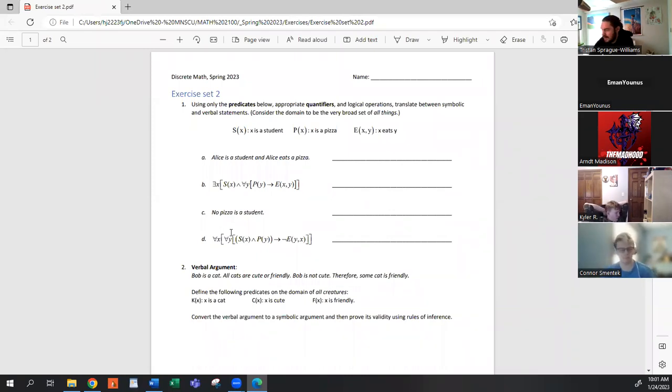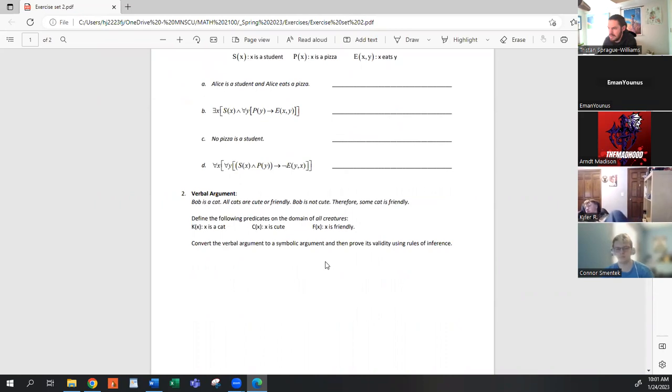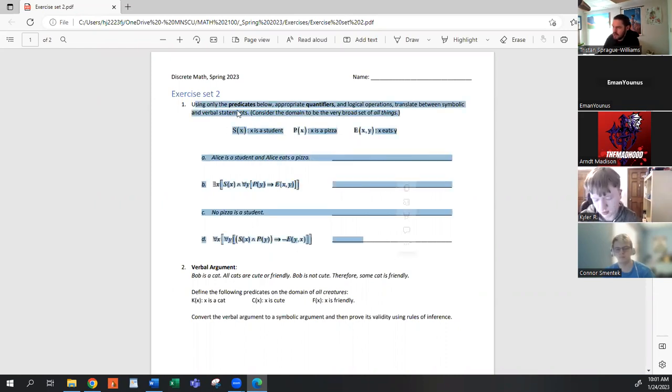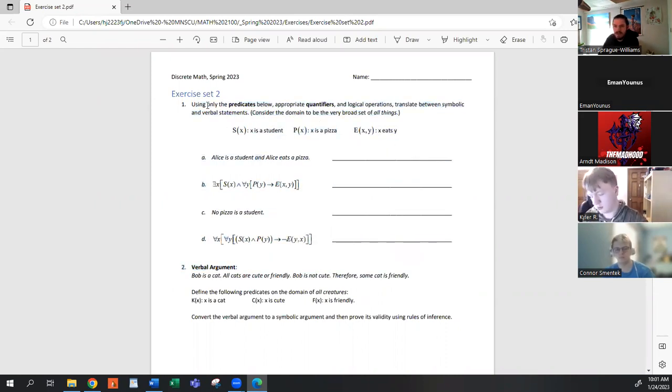So this one's due Friday. The first and second problems on this exercise set, we have pretty much learned how to do. So the first one, we're just translating back and forth, right, using predicates and quantifiers. These may involve multiple variables that need to be quantified.